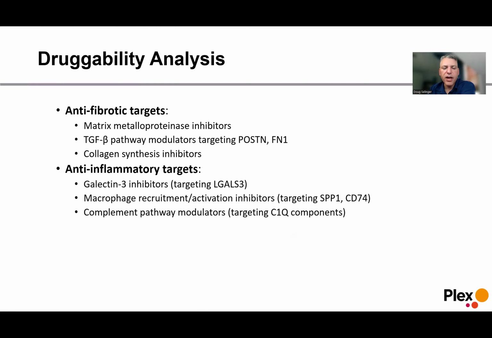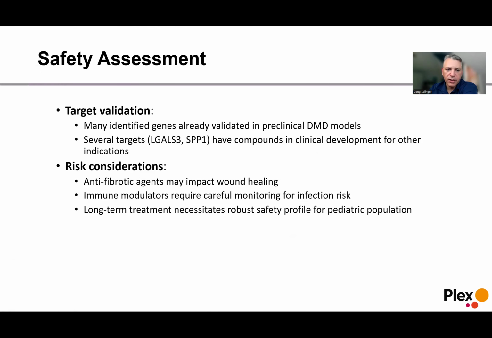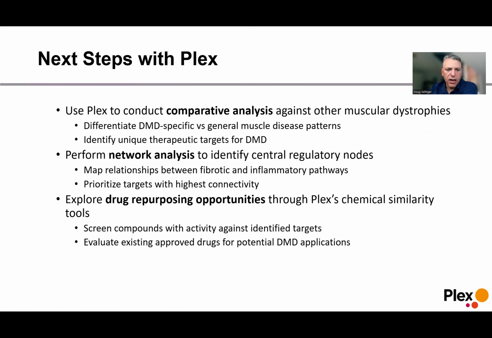Many, many things come from this. So this can be a part of the druggability and the therapeutic approach strategy. Commercializability: these are things we have it look at as standard practice when it generates these slide decks. And of course, we can continue to dig into this with Plex. There's always room.